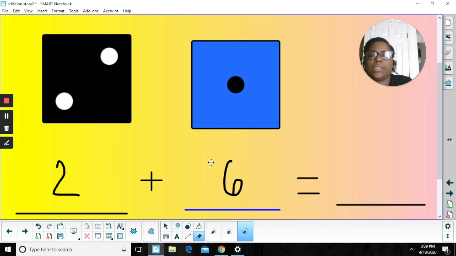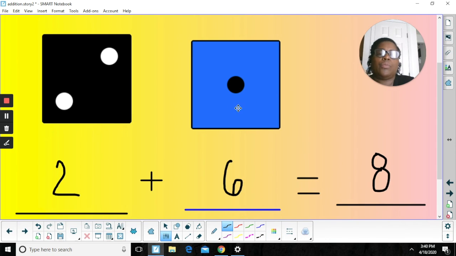But we know that there was a 6 here, so let me put the 6. So if you put your 2 groups together, that 2 plus 6 is going to be 8, okay? When I maneuvered the dice, it turned the dice. But it's 2 plus 6 equals 8, and I hope that you got 8, okay? So let's erase.